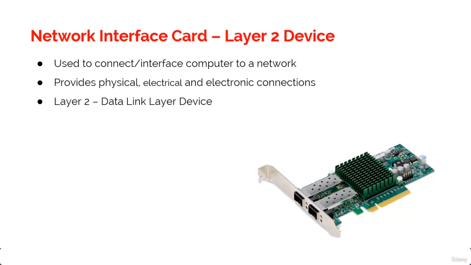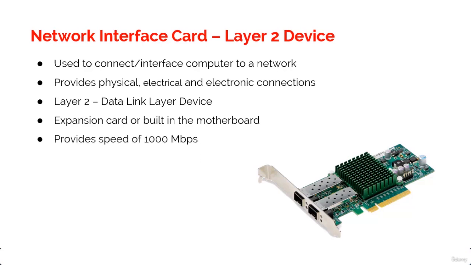A network interface card is either an expansion card or is built right into the computer's motherboard. Today, nearly all NICs are built into the computer motherboard, providing a speed of around 1000 megabits per second. Now, make sure that this is megabits per second and not megabytes per second. We have seen the differences in earlier sections.